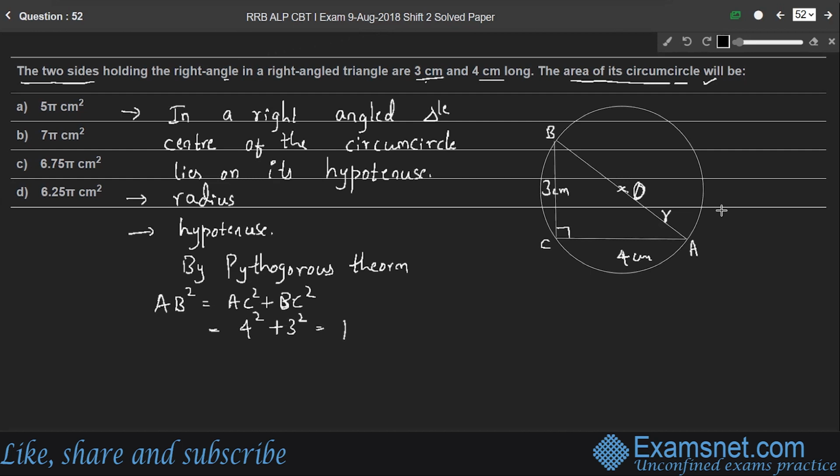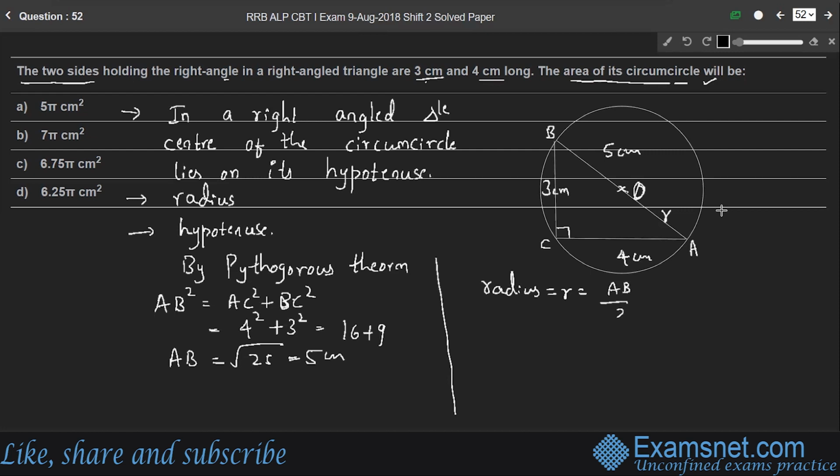So 16 plus 9 is 25. Therefore, AB is root of 25, which is 5 centimeter. Therefore, the hypotenuse of the right angle triangle is 5 centimeter. Therefore, radius R is equal to half of AB, right? AB by 2, which is 5 by 2, which is 2.5 centimeter.